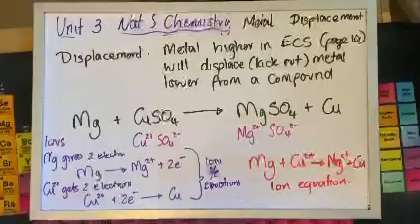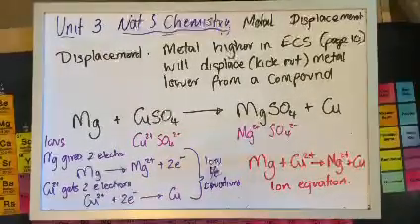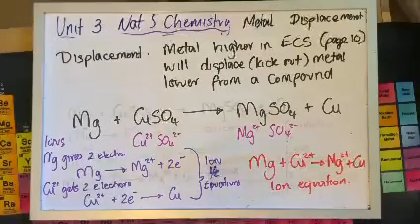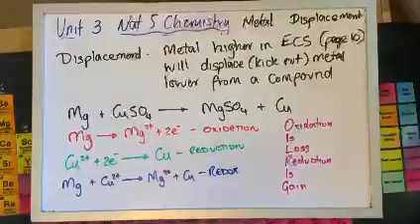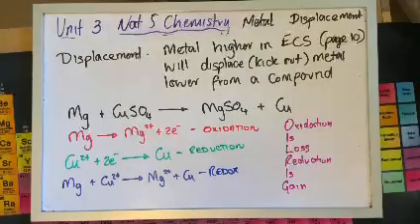You always have to remember though that the metal higher in the electrochemical series is donating electrons to the metal lower in the electrochemical series. What this gives us is what's called oxidation and reduction. A new definition: oxidation used to be that something was oxidised if it reacted with oxygen.